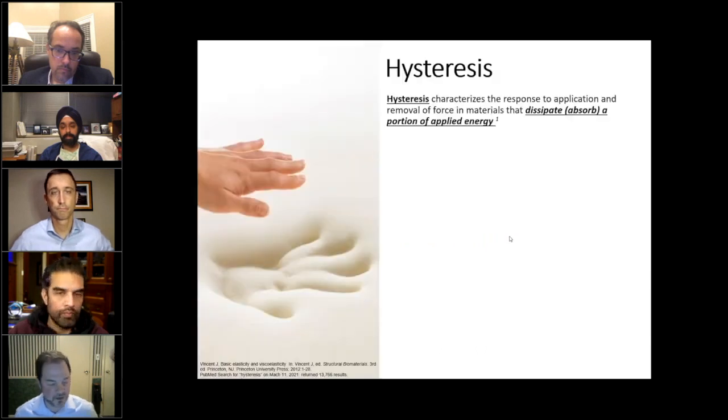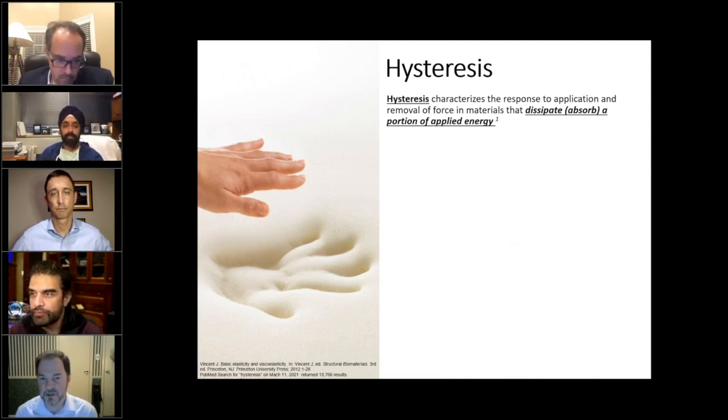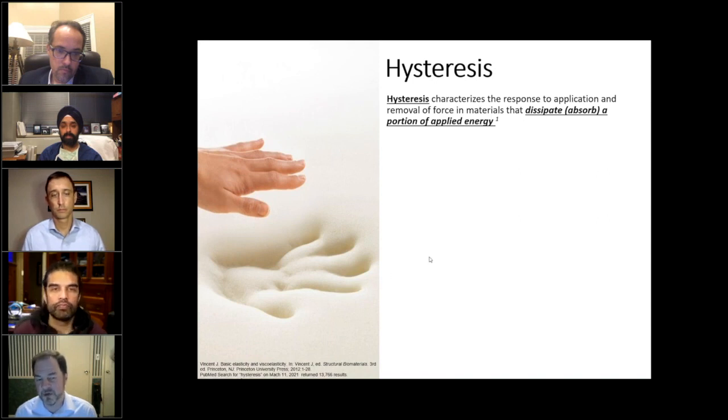The term hysteresis, just so you are aware, is not something we invented. It's been around for a long time, and it characterizes the response to application and removal of force in materials that dissipate a portion of the applied energy. So there you see a foam mattress. If that was a spring mattress, it wouldn't have a hysteresis effect, but because it's a foam mattress, it has a rate-dependent deformation relationship.